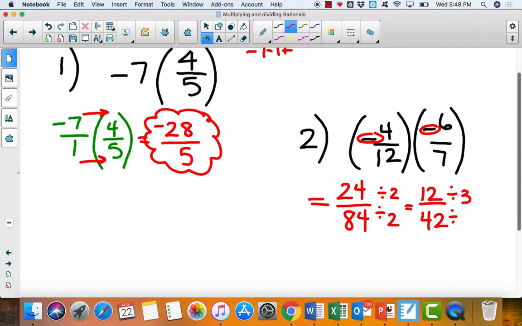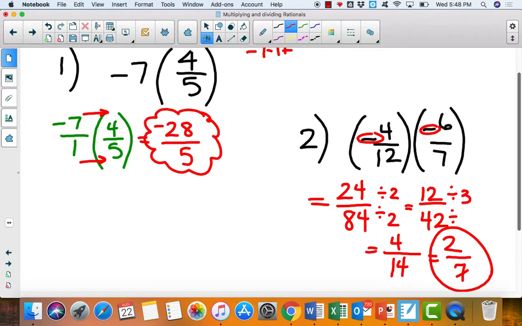If I divide by 3, 12 divided by 3 equals 4. 42 divided by 3 equals 14. And I can reduce this one more time. Both of these are even. Divide by 2 equals 2 over 7. A negative times a negative is a positive. So my final answer is 2/7.